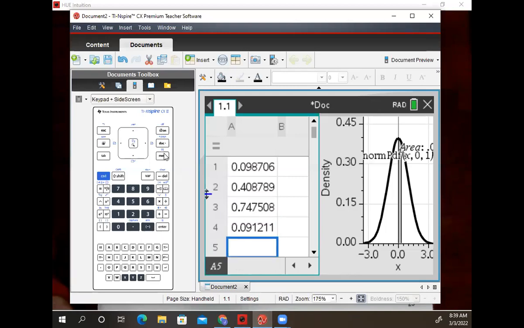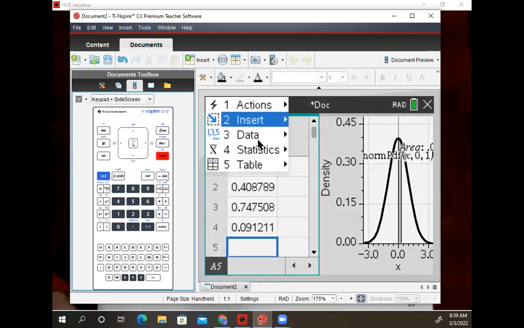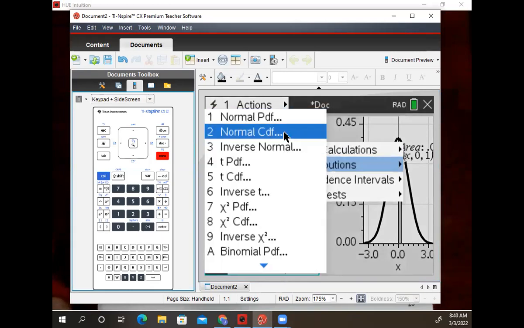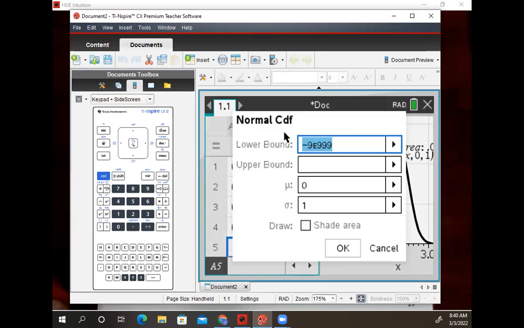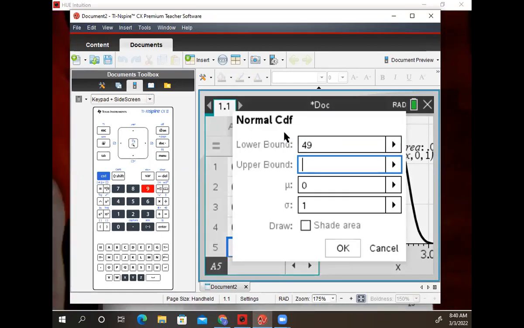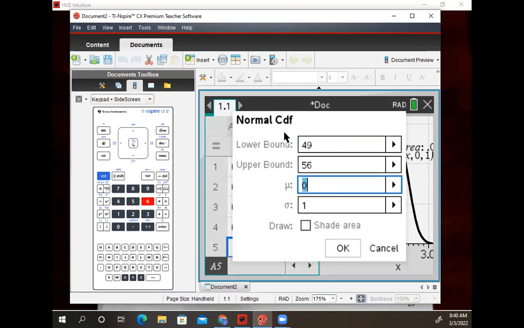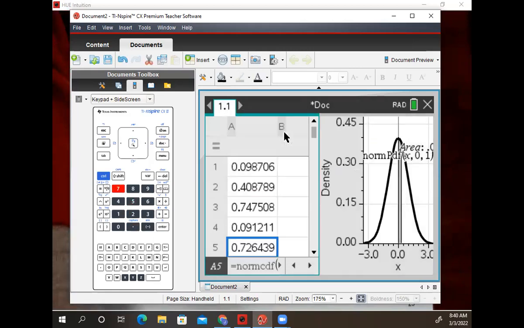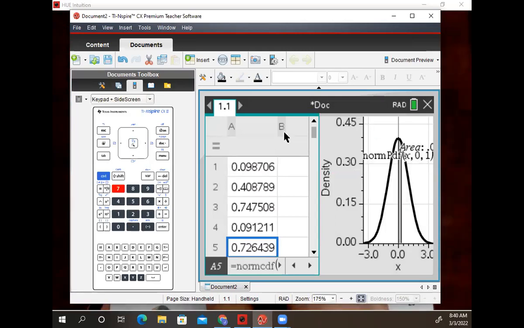So again, I'm just going to hop down another space. And menu, statistics, distributions. And again, I want that normal CDF. So my lower bound here is 49. My upper bound is 56. My mean is 52. And my standard deviation is 3.157. And I get 0.726.